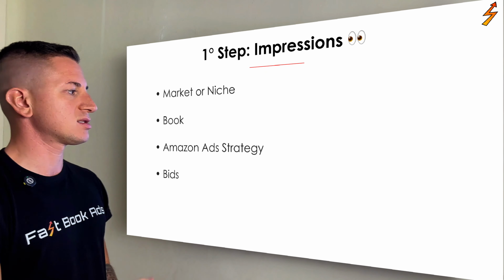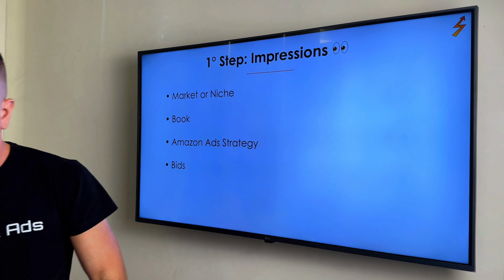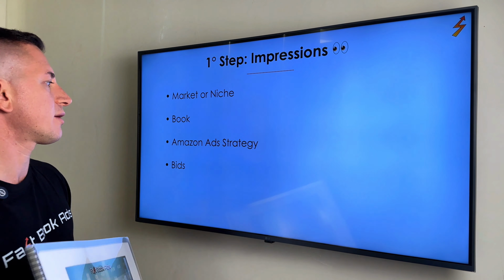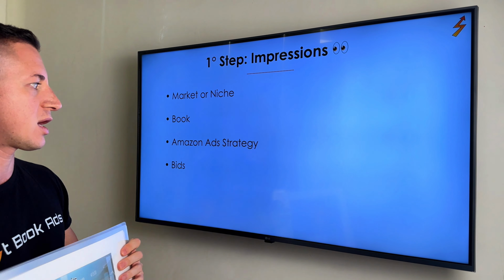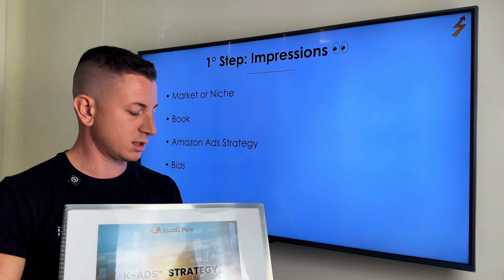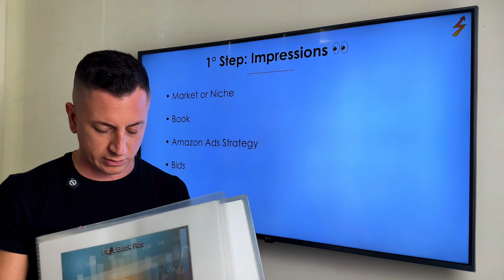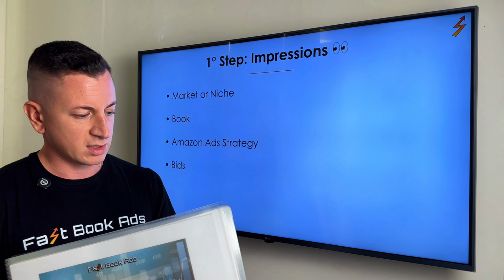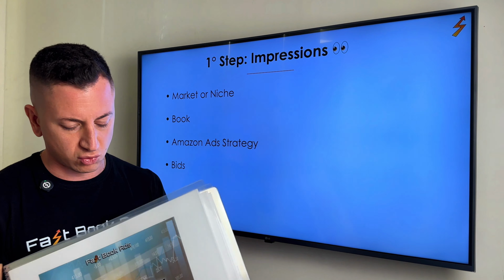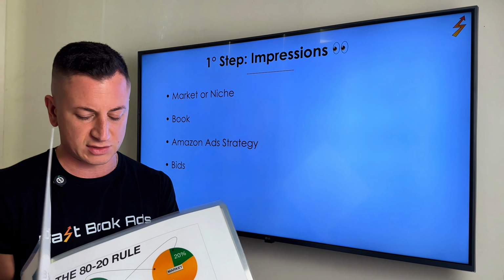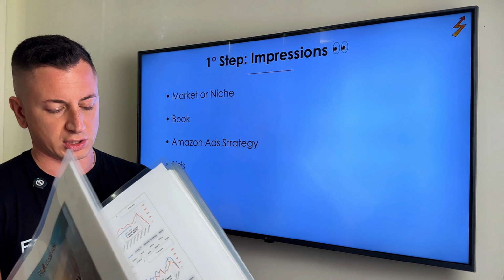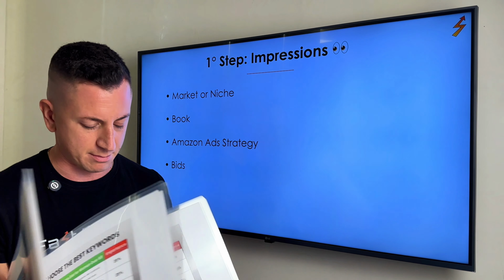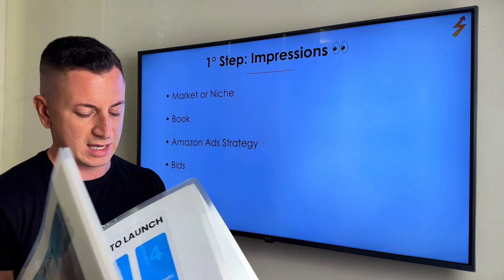Third factor, Amazon ads strategy. If you want to generate the maximum amount of impressions, you need to adopt our K-ad strategy, which you can download above the video. Inside there is everything you need to launch campaigns the right way: how to launch keyword campaigns, how to launch product campaigns, with which bids, and so on.